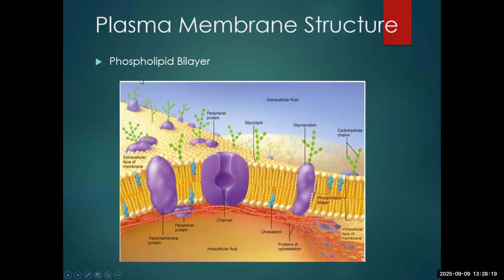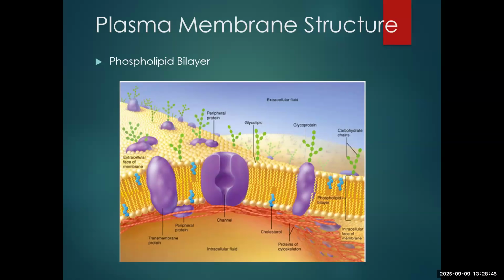What it's showing us is that the plasma membrane basic structure is composed of little molecules, which are called phospholipids. So the golden parts of this picture are representing these special molecules, which are called phospholipids.